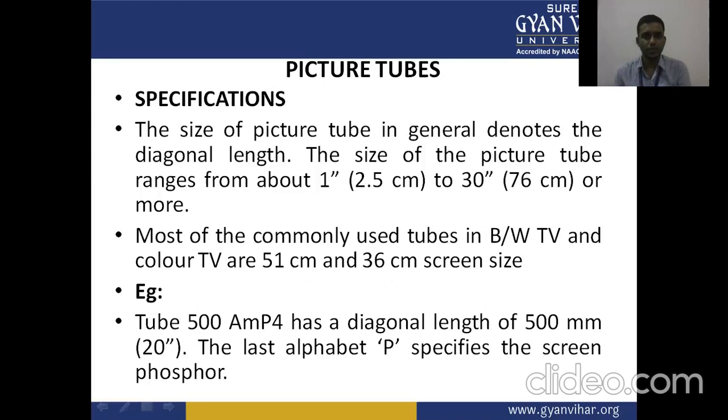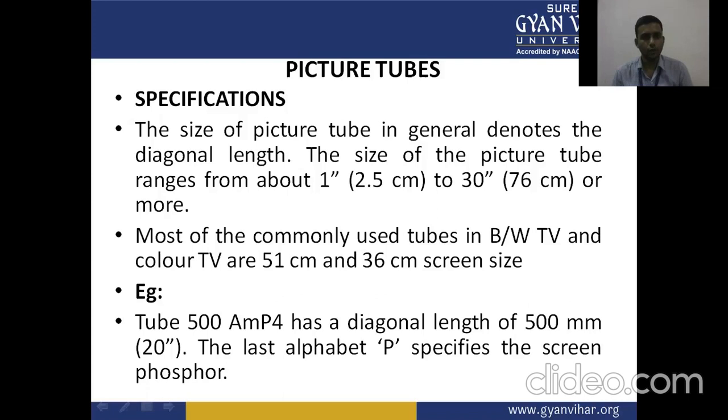Now the specifications: the size of the picture tube generally denotes the diagonal length. The size of the picture tube ranges from about 1 inch to 30 inches or more.